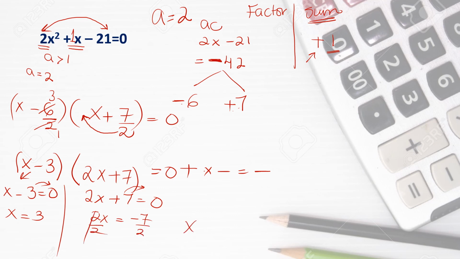You will get x equals negative 7 over 2. So there are two answers: x equals 3 and the other answer is x equals negative 7 over 2 or negative 3.5. Hope you understand. If you understand, then take your homework and try to solve it.